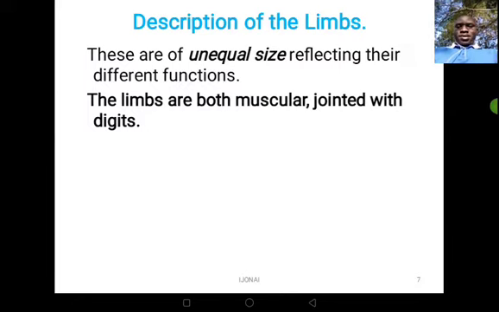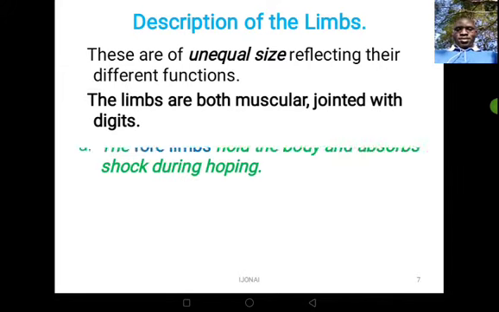So let's describe the legs or limbs of these amphibians. You realize that the limbs are unequal in size, reflecting their different functions. So these legs perform different functions, and their sizes are different depending on the function they perform. But what is common to both is that they are all muscular, jointed, and have digits.